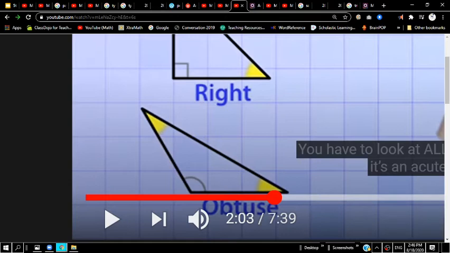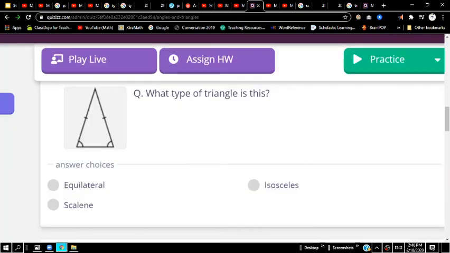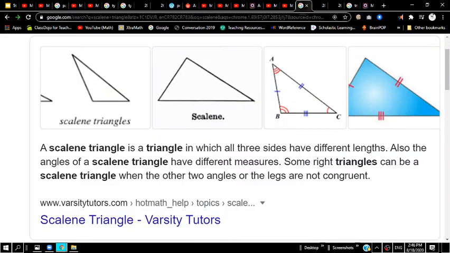We have one of the angles that is measuring more than 90 degrees. If we take a look at this question, it says, what type of triangle is this? Well, I know it cannot be an equilateral triangle because equilateral triangles have all three sides equal. Okay, is it a scalene or an isosceles triangle? Well, let's take a look at the difference between scalene and isosceles.